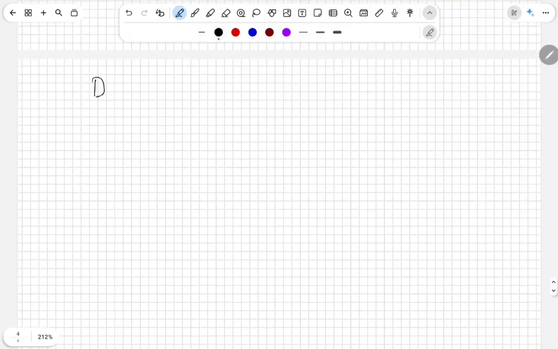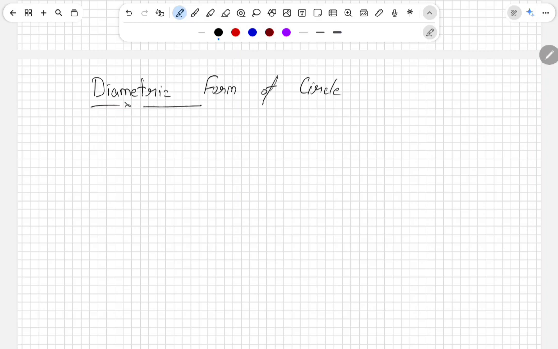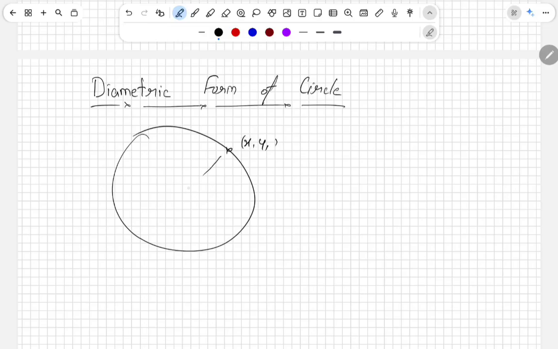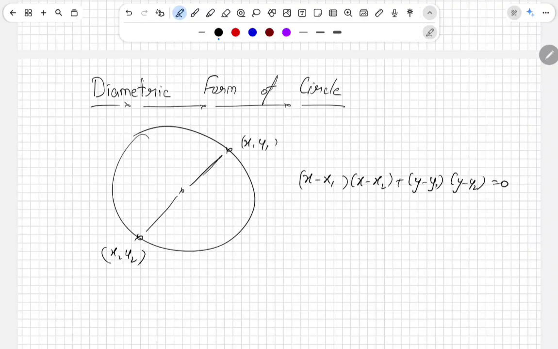Now let's discuss the diametric form of the circle. In this diametric form, the endpoints of the diameter are given. Let's say it is (x1, y1), and the other opposite diametric point is (x2, y2). So the diametric equation will be (x − x1)(x − x2) + (y − y1)(y − y2) = 0.